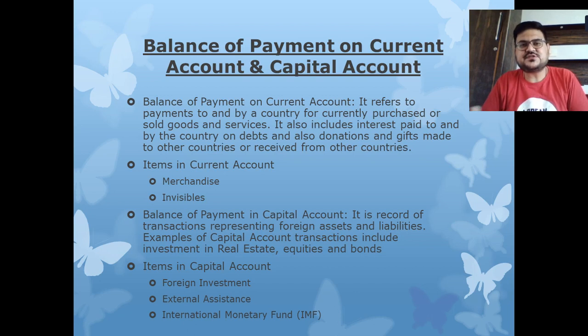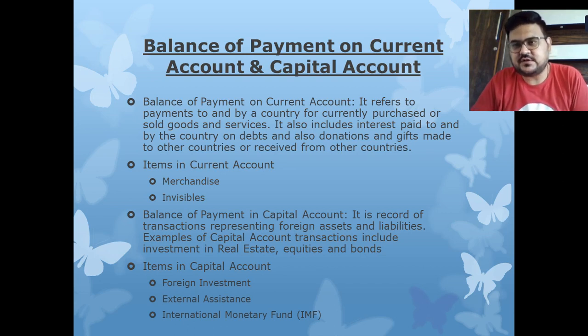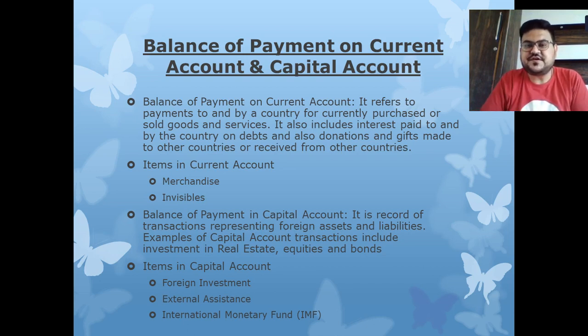Now, what is the balance of payment on current account and capital account? What are these two things? Balance of payment on current account refers to payments to and by a country for currently purchased or sold goods and services. So if we purchase or sell goods, and there is a payment to be received or made by us, this situation is called the current account situation, where we may have to pay interest, receive interest, debts, loans, donations, gifts.